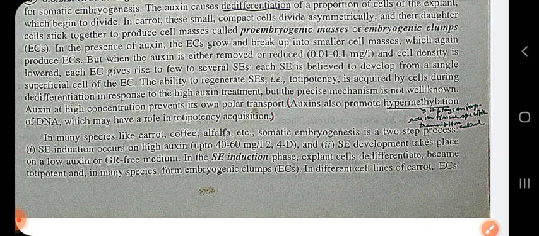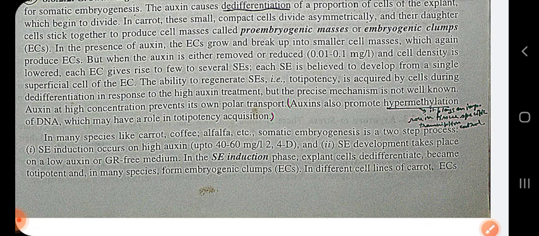So in these plants we can use 2,4-D as previously mentioned, but 40 to 60 milligram per liter is quite a bit more compared to the previous one, where we use only 0.5 to 5 milligram per liter of auxin.